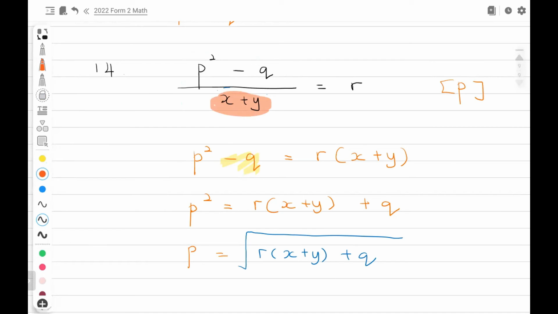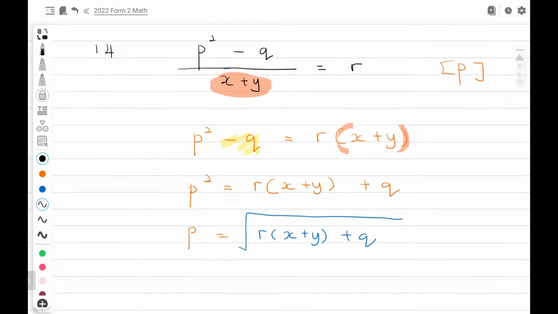So when you bring it to the right side, don't forget to insert the bracket. That's the idea there. Finished copying? Okay, move on to 15.